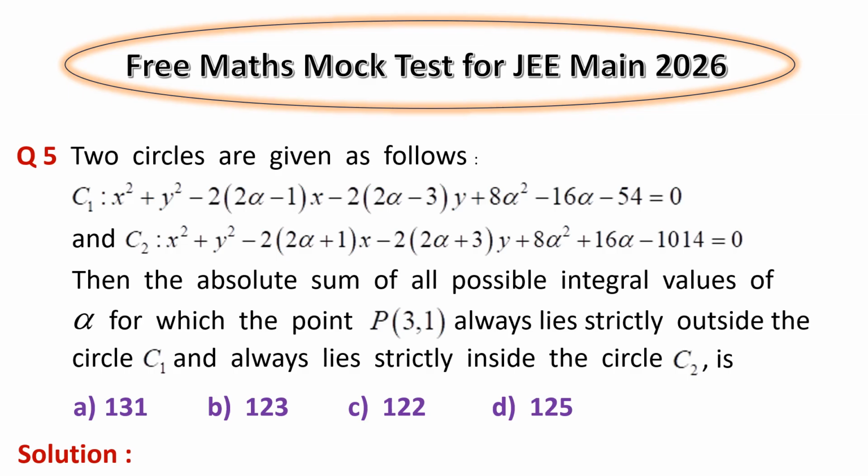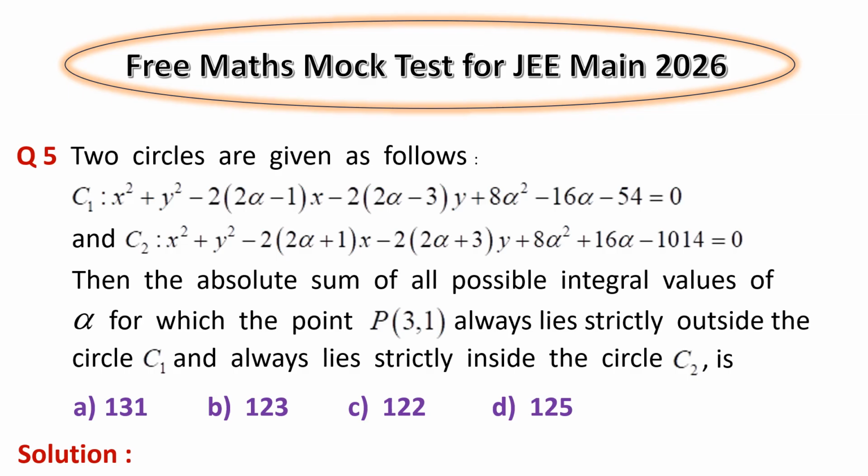Now students, I will solve this question by using a basic concept of circle. Suppose S equal to 0 refers to the equation of the circle in standard form, and we have to test whether the point P(h, k) lies inside this circle or outside this circle. What do we do?